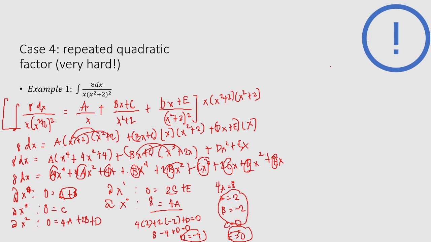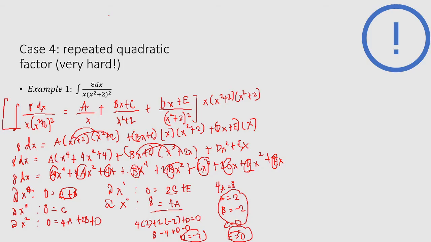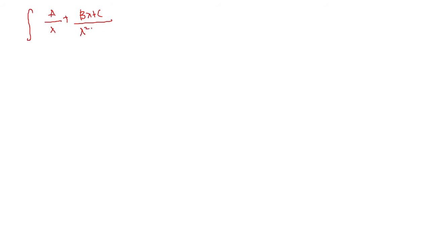So to rewrite, we copy this again: A over x plus Bx plus C over x squared plus 2, plus Dx plus E all over x squared plus 2 squared.